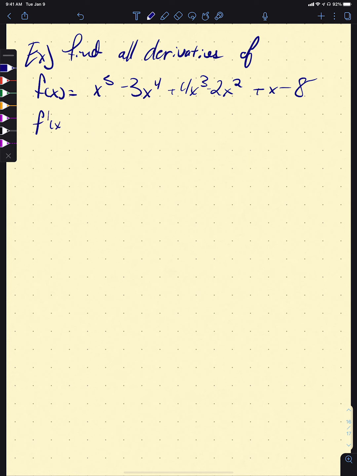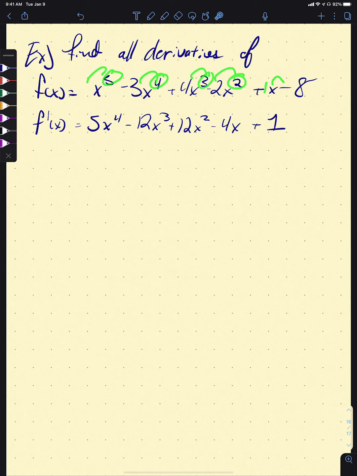Well, first, we should take our first derivative, right? Which is going to be, looks like 5x to the 4th minus 12x cubed plus 12x squared, right? Minus 4x plus 1, right? Our exponents drop down and get decreased by 1.